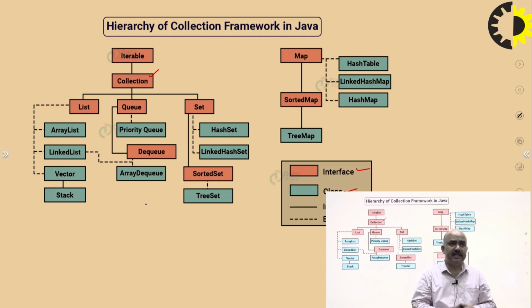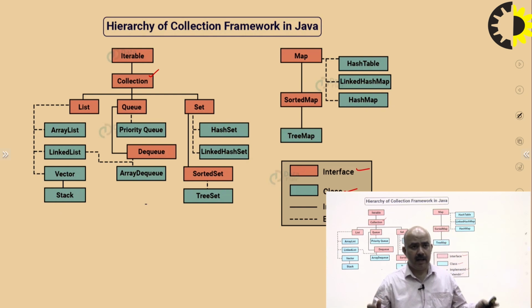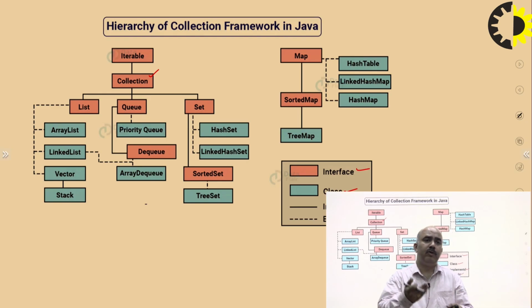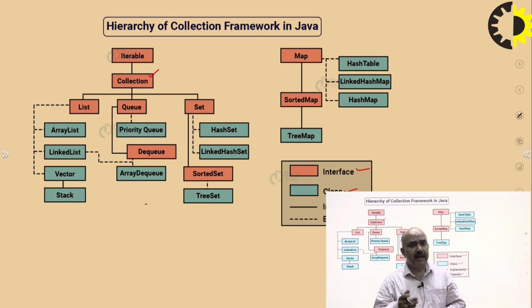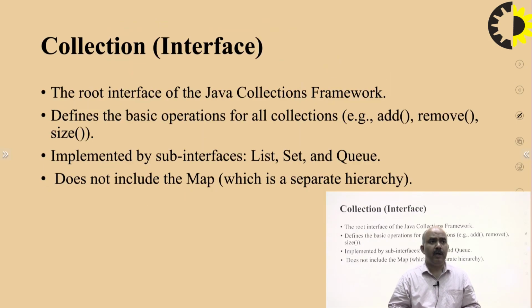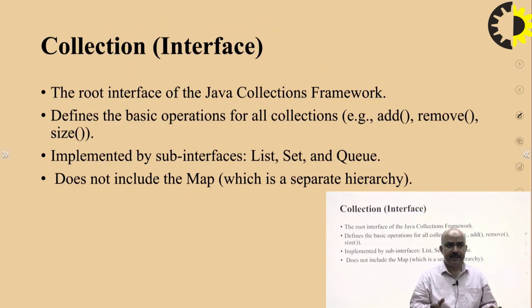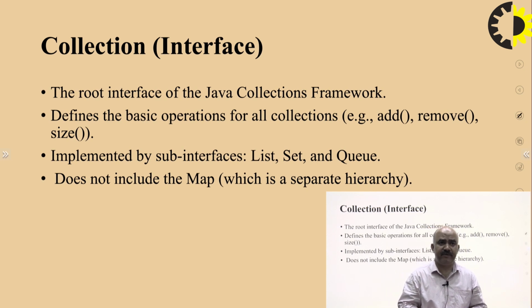The collection framework is an architecture in which we have interfaces, and those interfaces are implemented and executed with the help of classes and their algorithms. Collection, basically, is an interface which is the root interface of the Java collection framework.